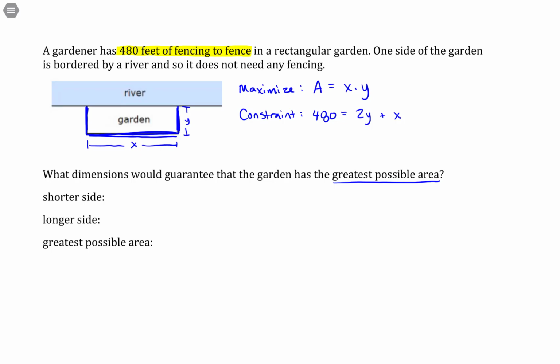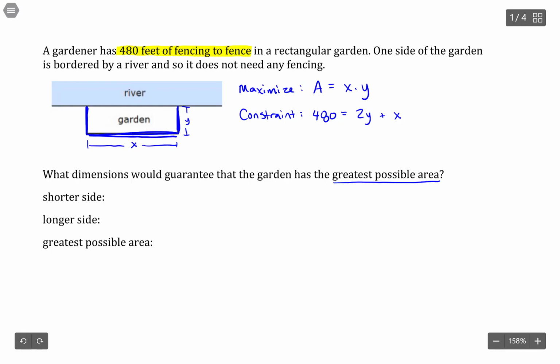All right, in order to solve this, what we do is try and change the formula that we're trying to maximize, which right now has 3 variables, A, x, and y. We want to get it down to 2 variables. So we can rewrite x in terms of y or y in terms of x through our constraint, and you can use either one.